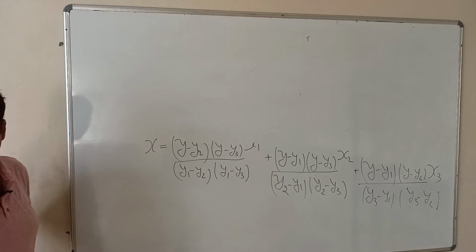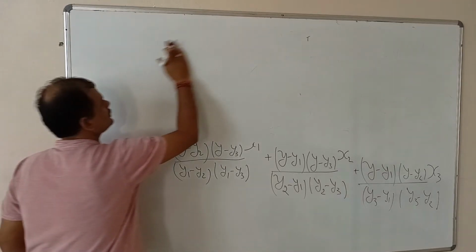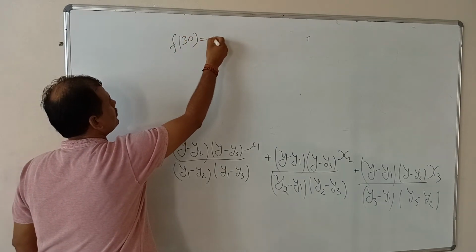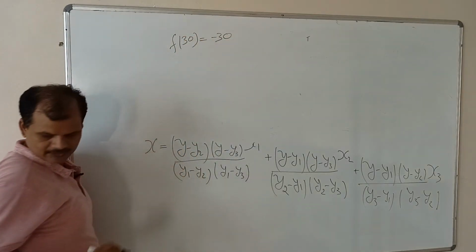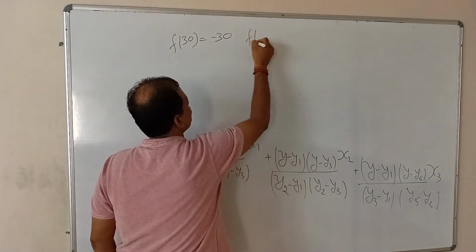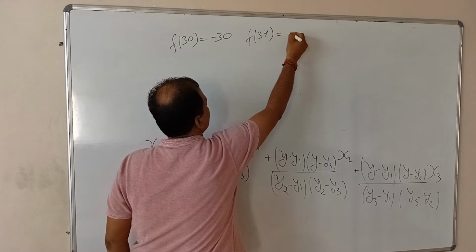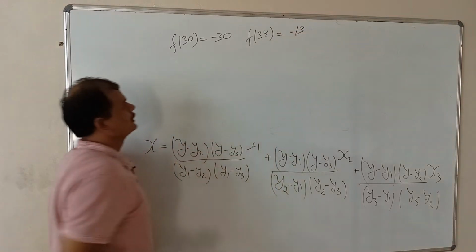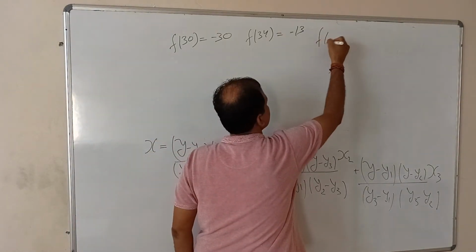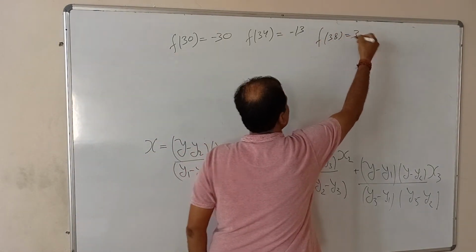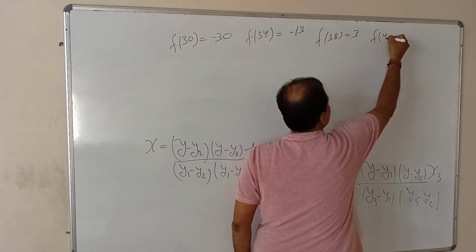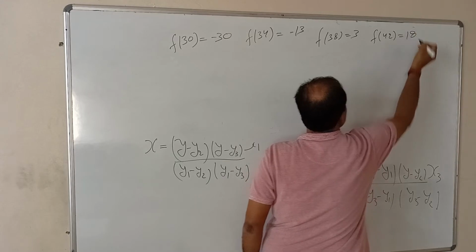Here the data set is given: f of 30 equals minus 30, f of 34 equals minus 13, f of 38 equals 3 and f of 42 equals 18.